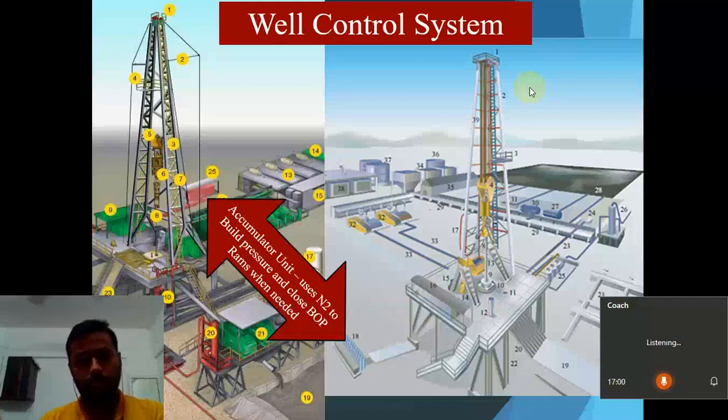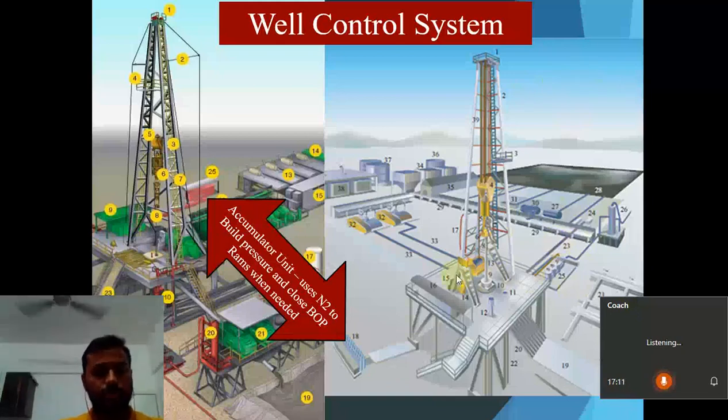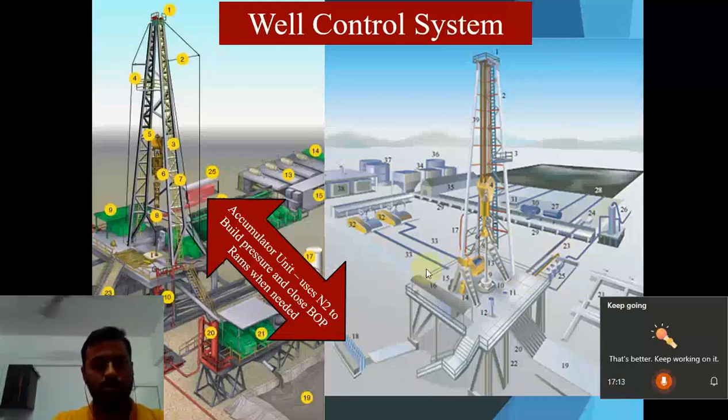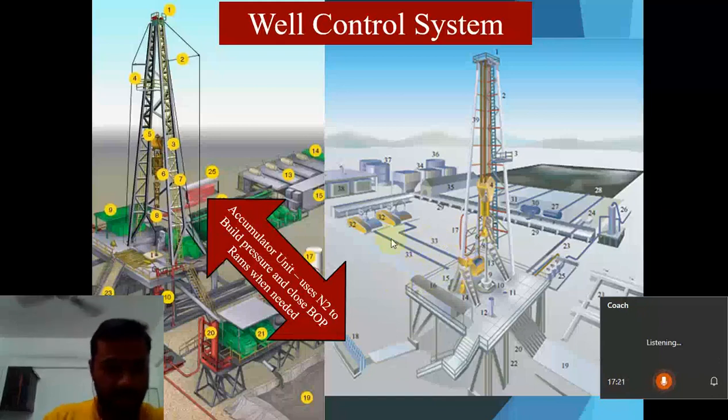The accumulator unit is like a powerhouse for pressure, which ultimately goes to the rams. It uses nitrogen gas to build pressure and close BOP rams, whichever is needed, pipe ram, shear ram, or blind ram, in the case of a blowout or inflow.